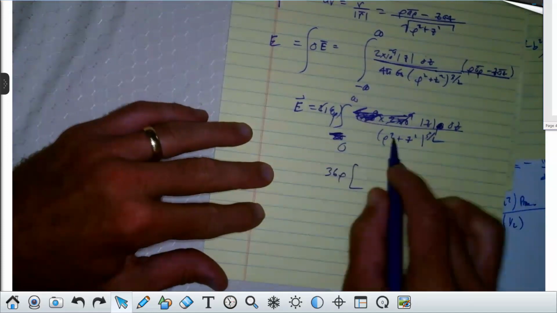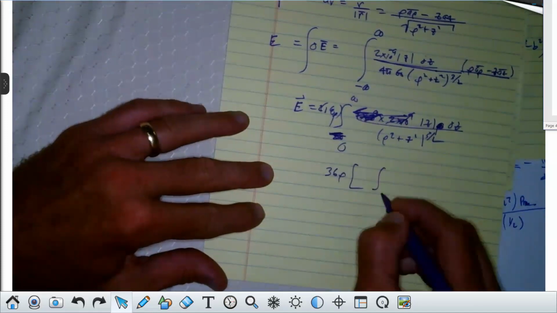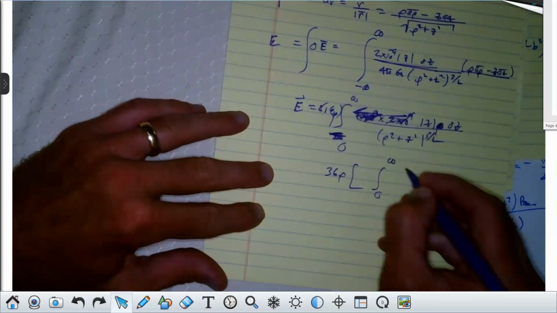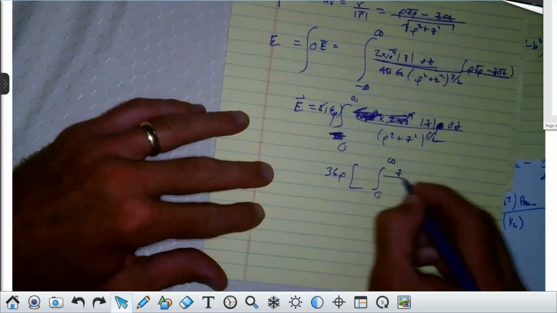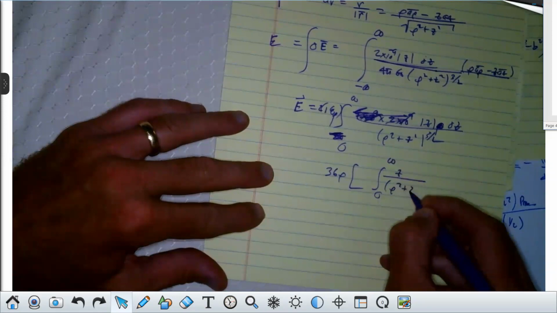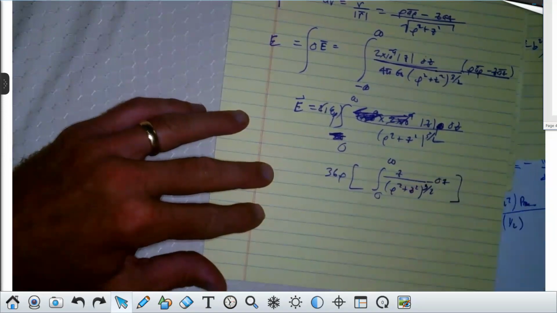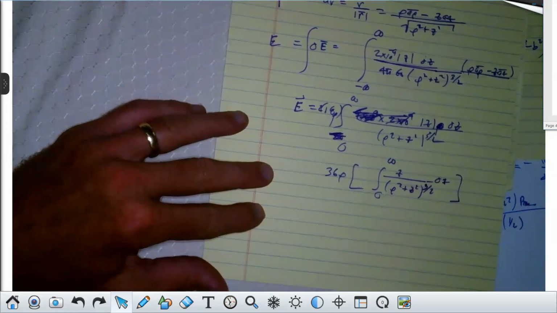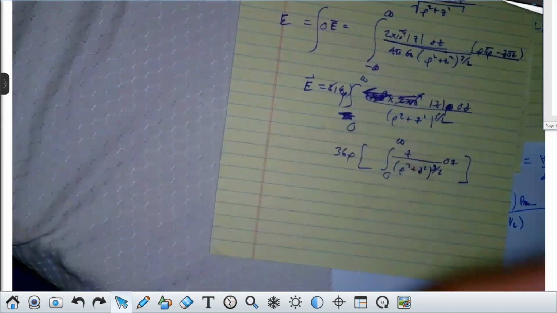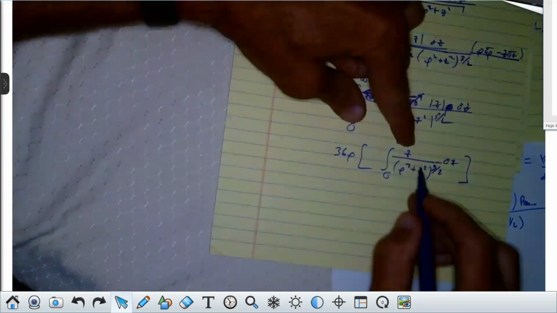And now when I integrate this, I'm going to have the integral from 0 to infinity of z over rho squared plus z squared to the 3/2 power dz. Everybody follow me on this? You okay with this? I mean, you can use your calculators with symbolic integration, but you can do it this way too.